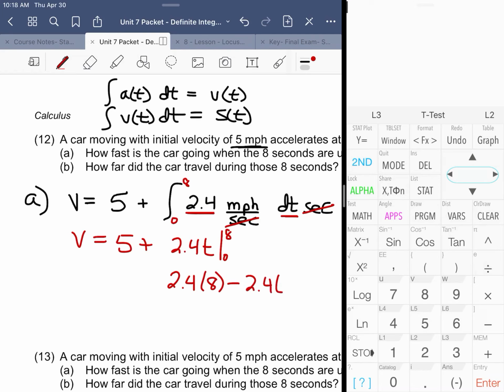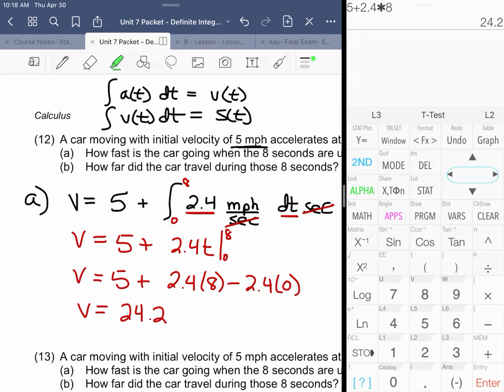All right, so I can plug in the 8 for 2.4 t. So 2.4 times 8 minus 2.4 times 0. And that's all getting added to the 5, but do that separately. You can do it all on your calculator too. I just wanted to take you through the nuts and bolts of it at least the one time.